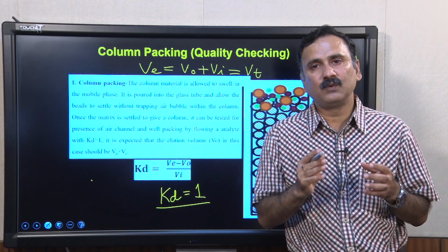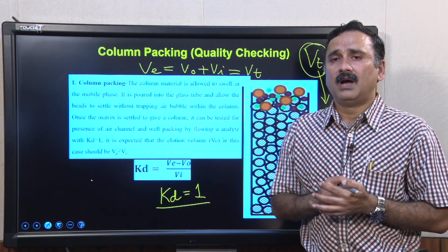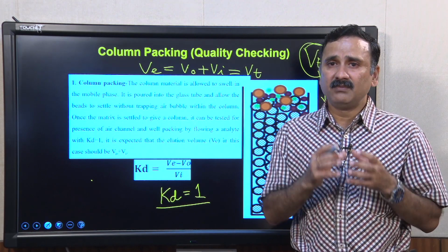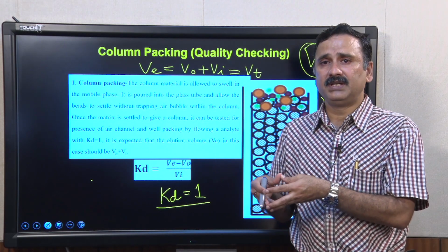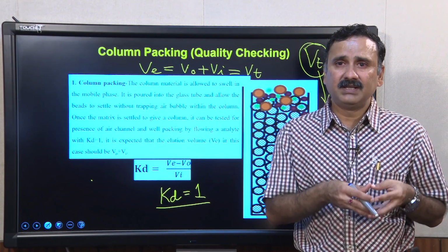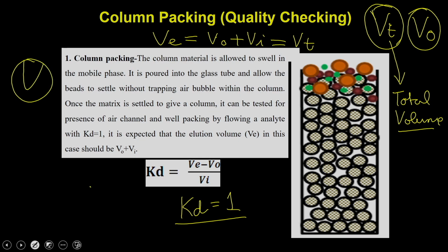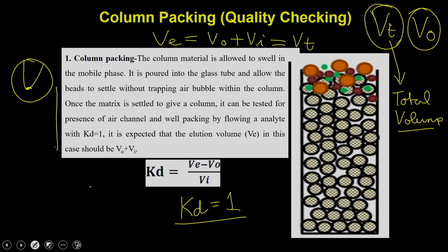So, if I want to calculate the VT of a column, I have to take a molecule which is miscible with the aqueous solvents, and that can be detectable using the standard spectroscopic methods, and that should be present at the end of the pore, because that is the molecule which is going to travel all the way through the column, and it is going to give you a travel distance which is equivalent to the VT.